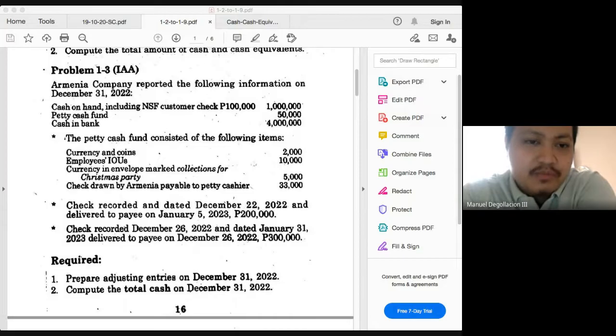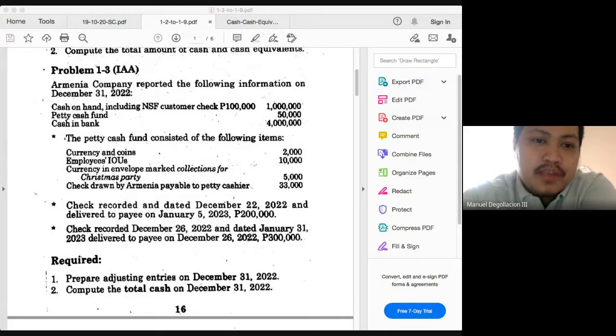Now again, we've established before there's nothing wrong if our cash balance includes amounts that are represented by a check, so long as those are checks that are already good as cash. But of course, an NSF check is a check that cannot be encashed, and it's a big no-no for us if the check loses its ability of being encashed.